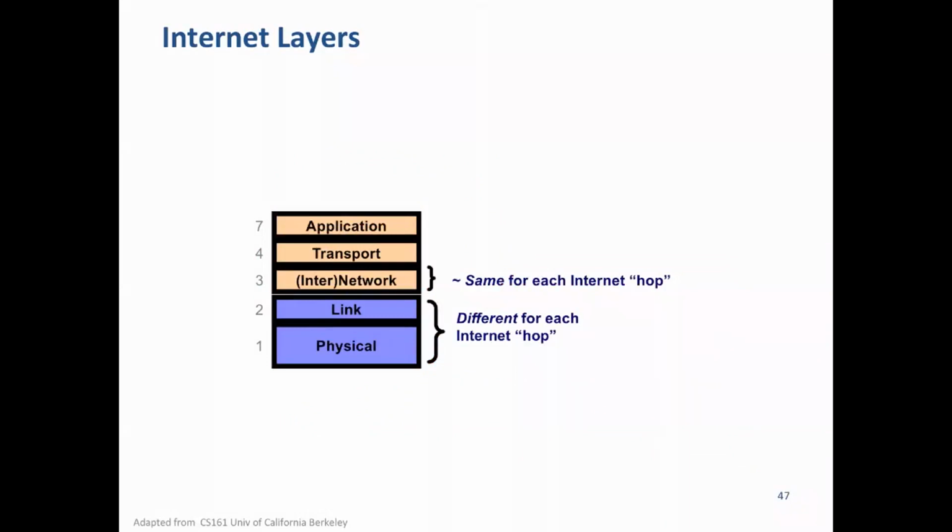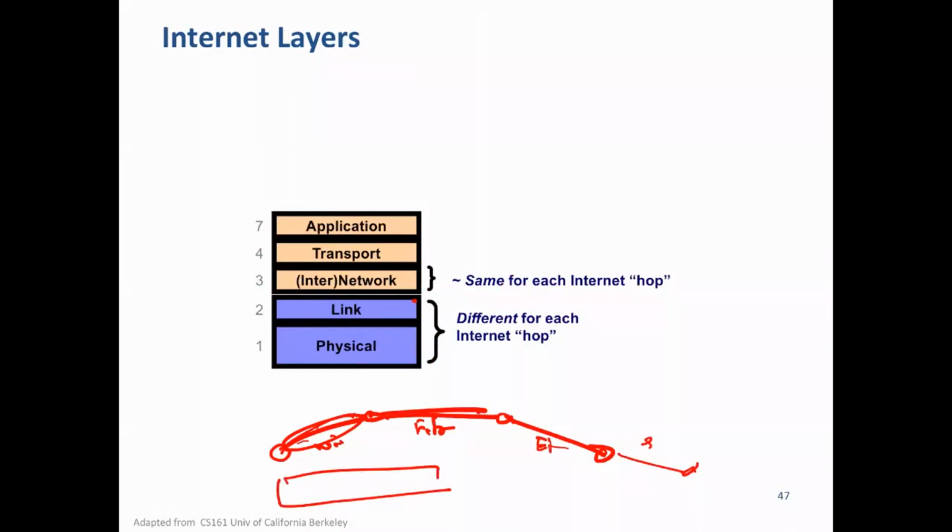Now, note that the link layer and physical layer for each hop are different, right? So this could be Wi-Fi, this could be fiber, this could be Ethernet, the fourth could be satellite. So the link property is different. Then how do you put the bits into a frame and send the frame across? So the protocol for that has to be different. For example, we are sending it to a satellite.